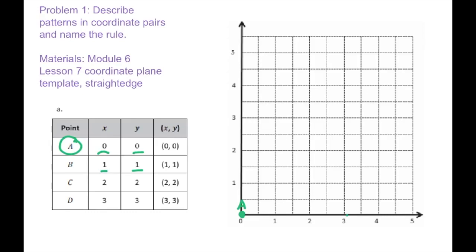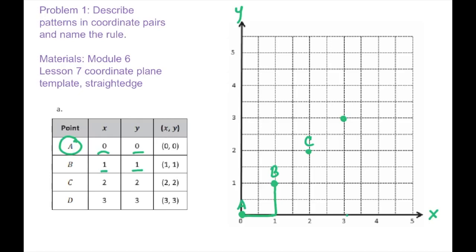Remember, when I plot my points, I go across the x-axis first, and I go up the y-axis next. So 1, 1, and I plot, and that is B. I'll do the same for C, and the same for D.